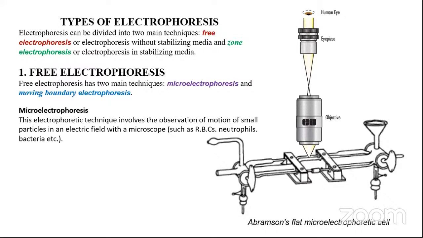So at that time, when Abramson actually devised this method, this was essentially to find out the zeta potential of RBC in order to assess whether RBCs are hale and hearty, and what is the proportion of healthy RBCs inside your system. Now, this had only a limited kind of application, so it was not able to purify or separate entities which cannot be observed under the microscope, right?